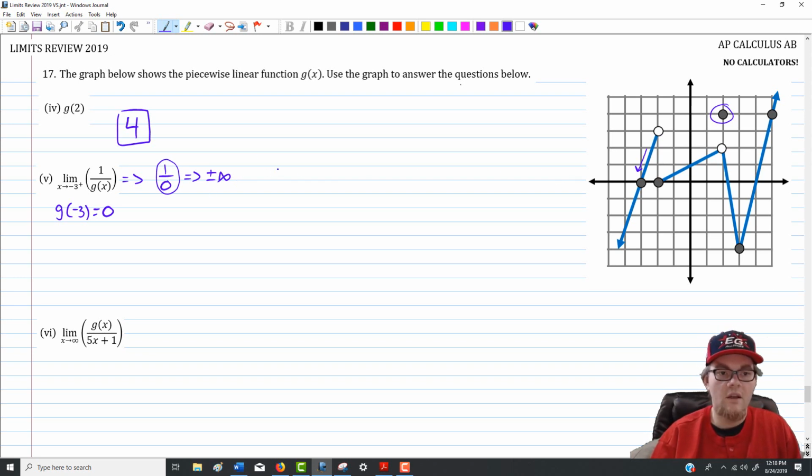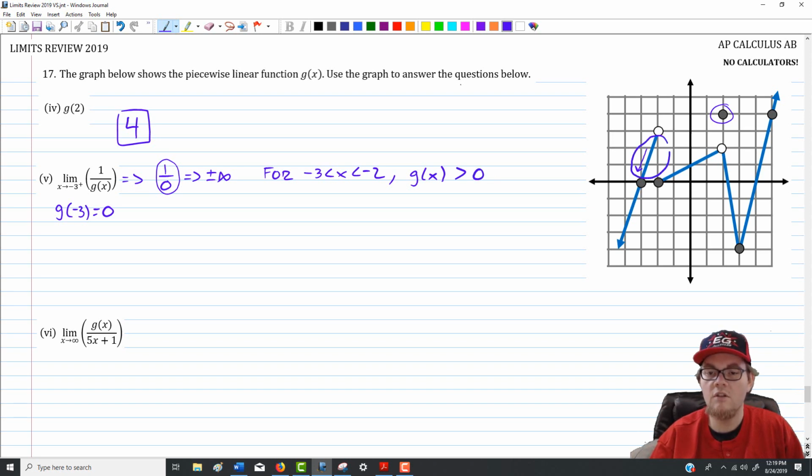So for the section of the graph we're interested in, for x values between negative 3 and negative 2, can you agree with me that g of x is positive?